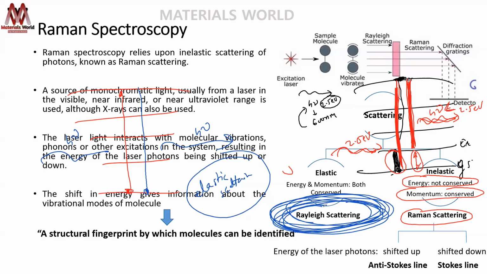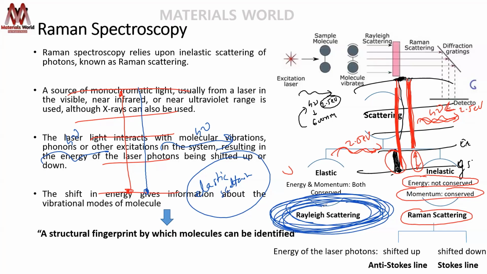So we can identify, for a particular molecule, how much energy is absorbed. That will be a fingerprint for the particular molecule, because every molecule has different vibrational modes. So that means if I know how much energy is absorbed, or how much energy is decreased or increased, or how much the Raman line is shifted by Raman shift, I can tell, oh, if it is decreasing by 0.1 electron volt, that means 0.1 electron volt is unique and is only coming from this organic molecule.